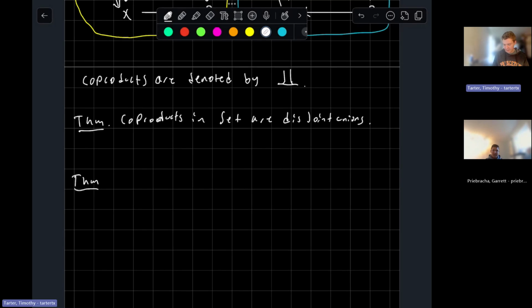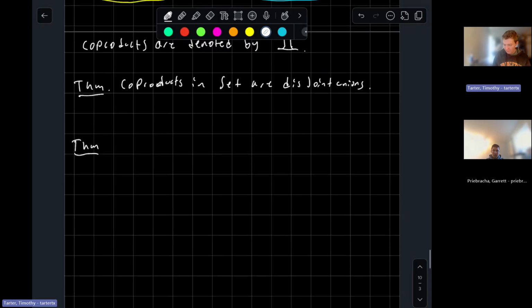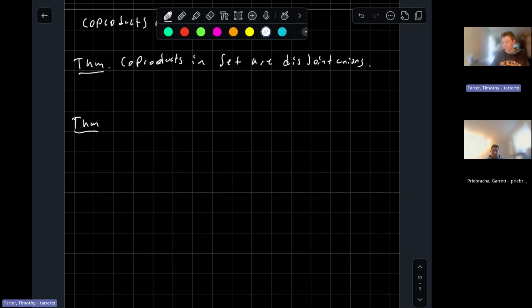This is the last exercise before we can really get to the Yoneda lemma. Maybe we'll just state the theorem and I'll make it homework between now and tomorrow.